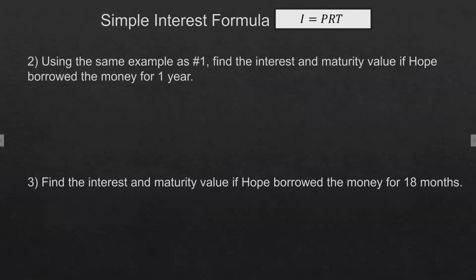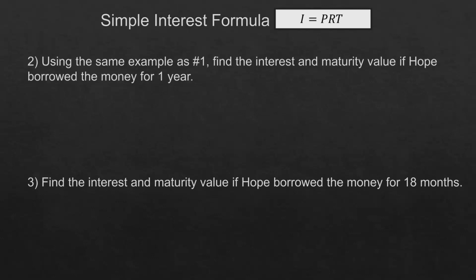Now, chapter 16 is all about using this interest formula and various types of things that you're going to be learning. So you definitely want to know the formula: I equals PRT, principal times rate times time.